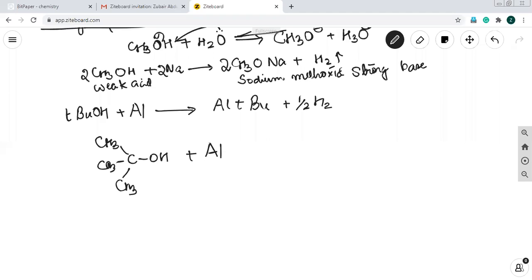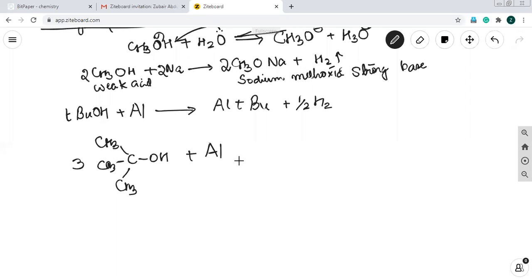Remember, aluminum is trivalent. Valence is 3. So you require 3 molecules. One atom of aluminum can remove 3 atoms of hydrogen from 3 different molecules.